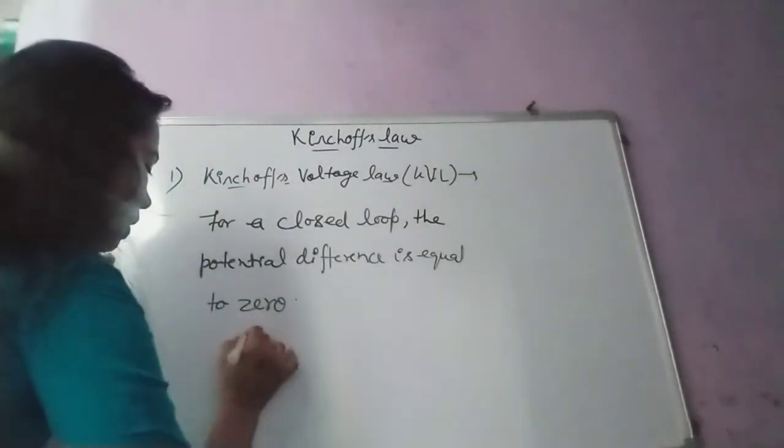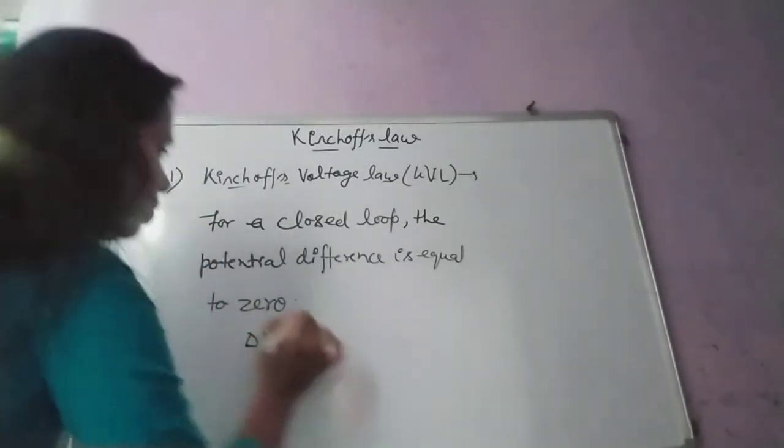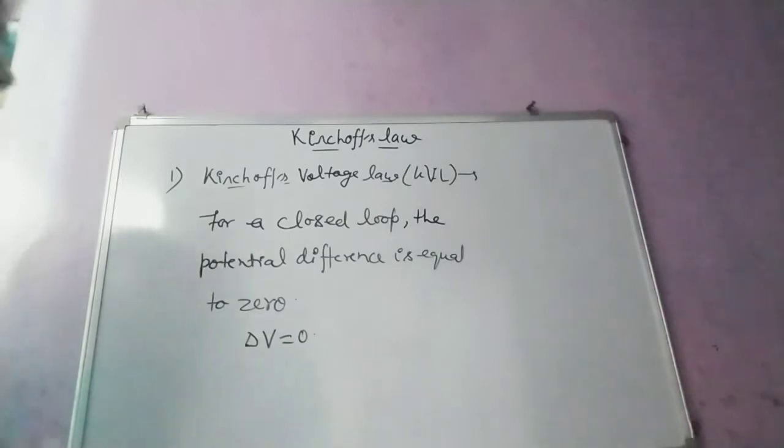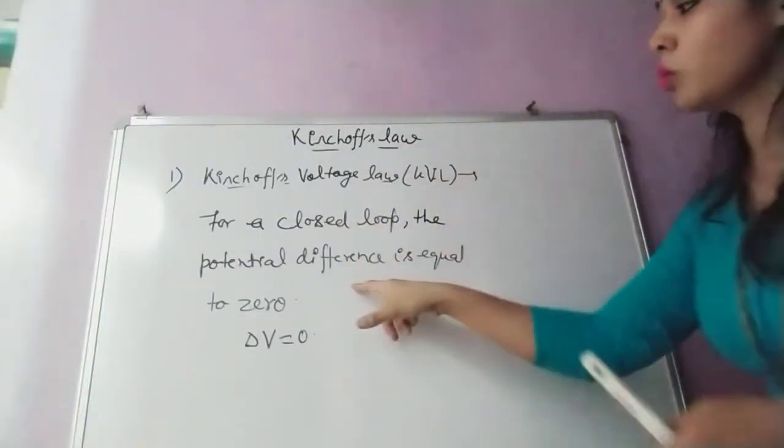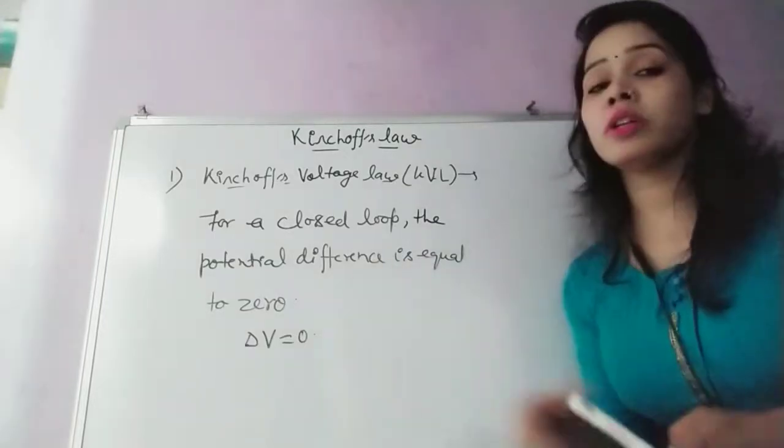That is delta V equals 0. So what does it say? It says that for a closed loop, the potential difference is equal to 0.